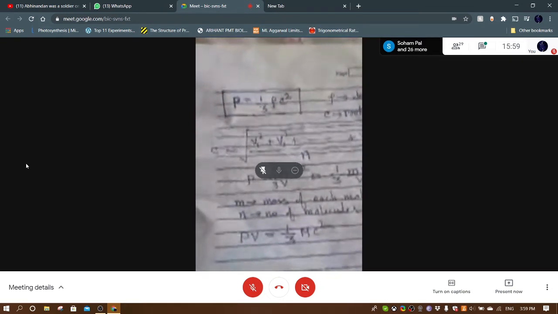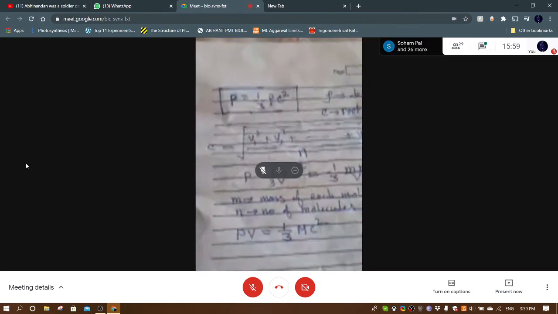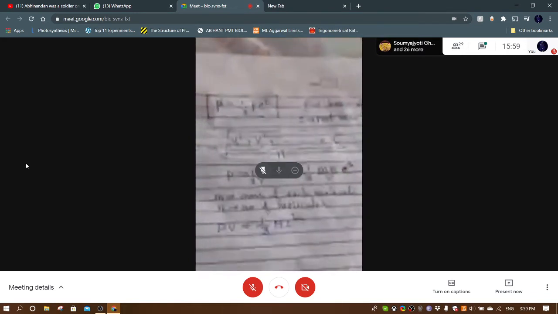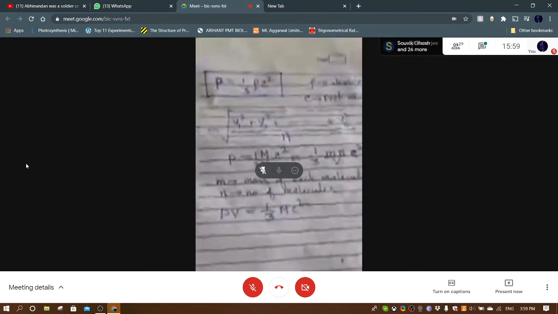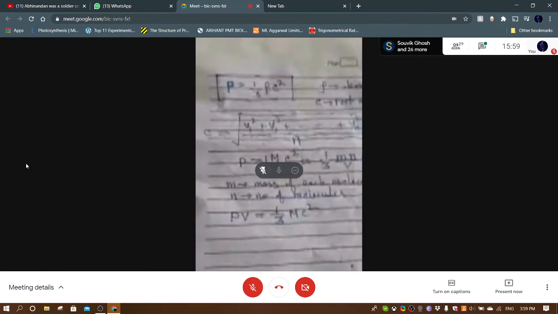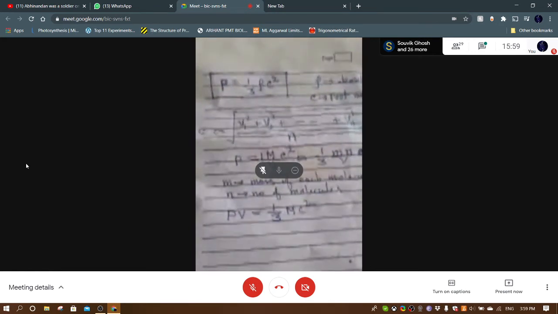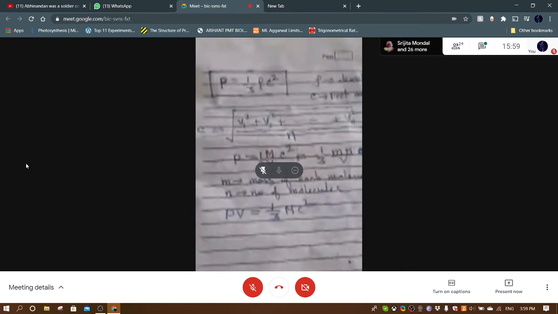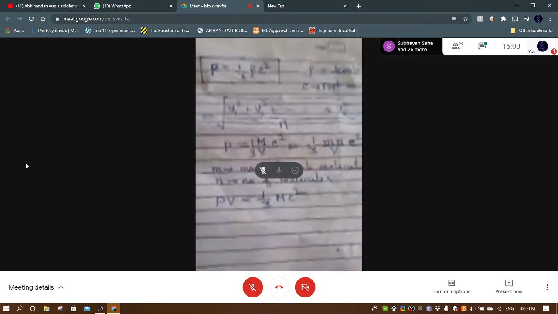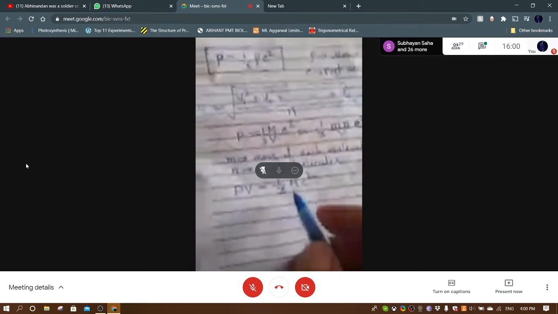Now if you take 1 mole of gas, means mu equals 1 suppose. Any problem over here? No, sir. Now if you take 1 mole of gas, that means small n will become your capital N or Na, Avogadro's number. Is it okay?